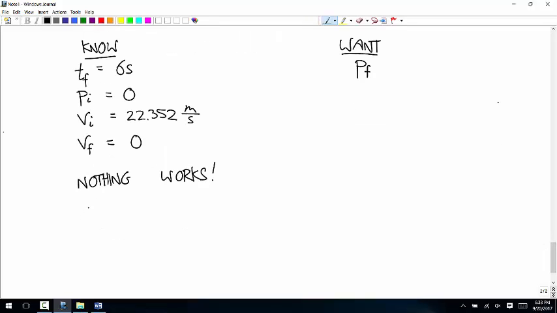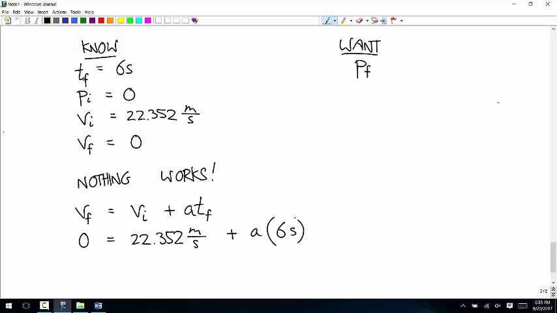So we can use that simple equation to get that. V final is equal to V initial plus A T final. So 0 is equal to 22.352 meters per second plus A times 6 seconds.